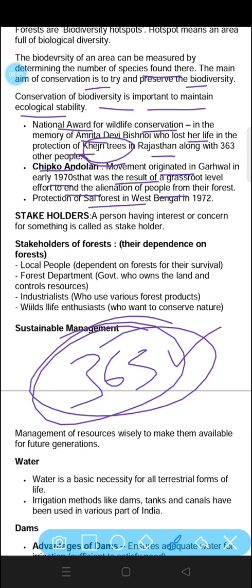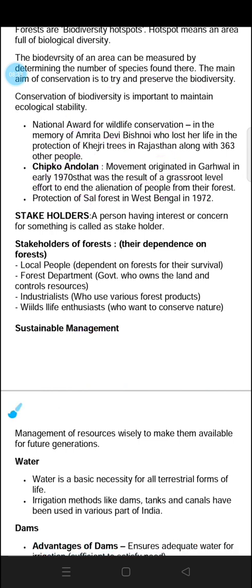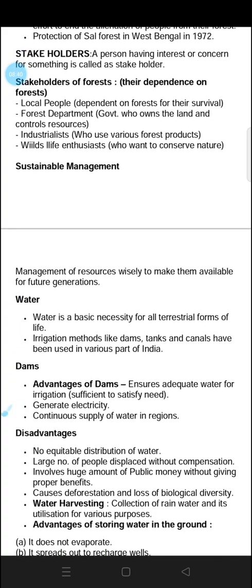Protection of Sal forest in West Bengal in 1972. So these are some things: the Chipko Andolan in the 1970s, national awards for wildlife conservation given in the memory of Amrita Devi Bishnoi, and the protection of sal trees in West Bengal in 1972.